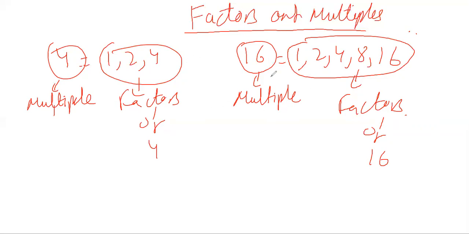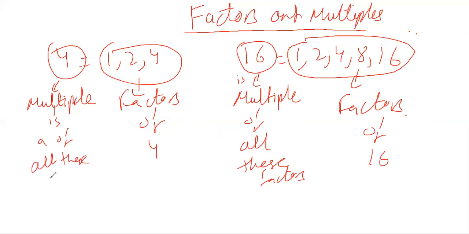So 16 is a multiple of all these factors, while 4 is a multiple of all these factors. So 4 is a multiple of all these factors and 16 is a multiple of all these factors.